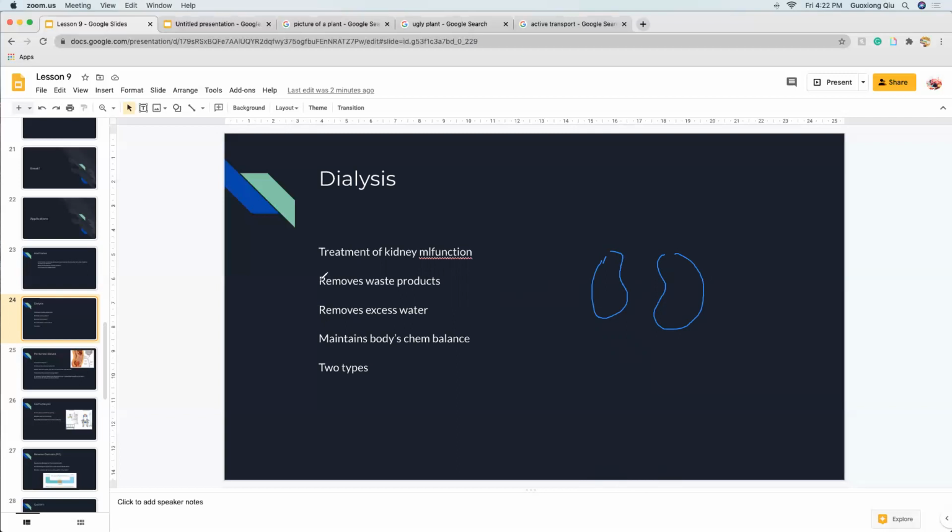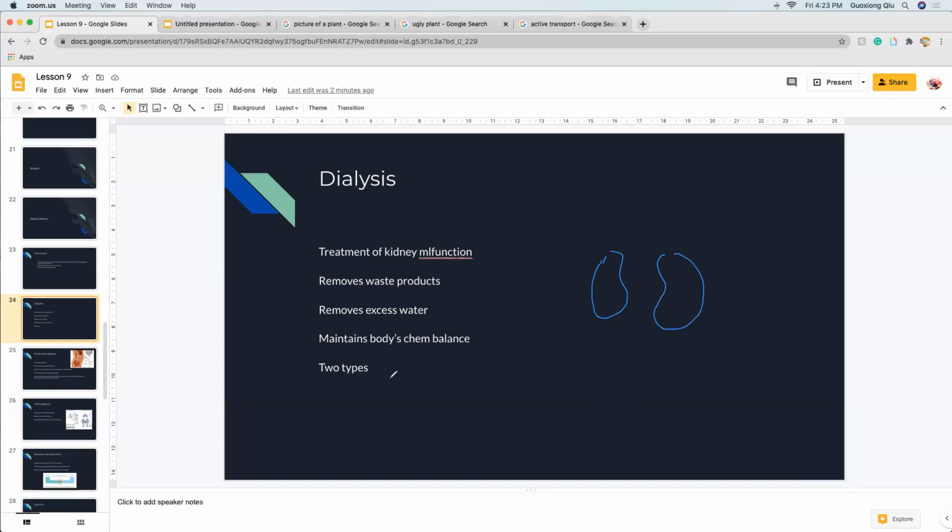So again, the kidney's job is to remove waste products and excess water. It also maintains your body's chemical balance by removing stuff. When your kidneys malfunction, your body is unable to properly remove these waste products and any excess water.